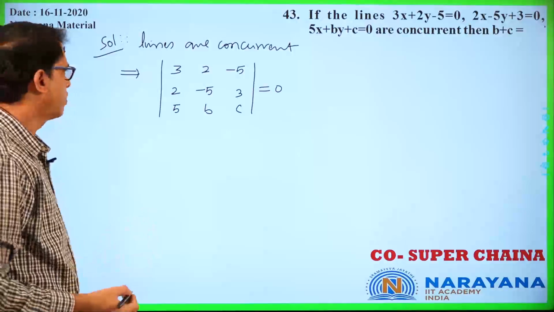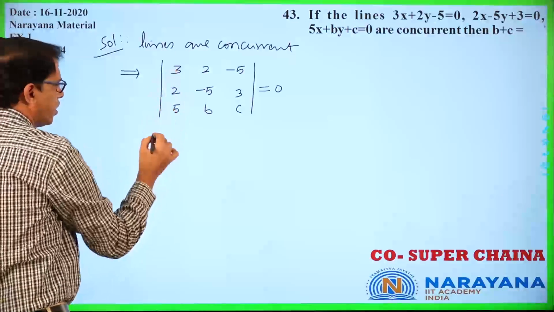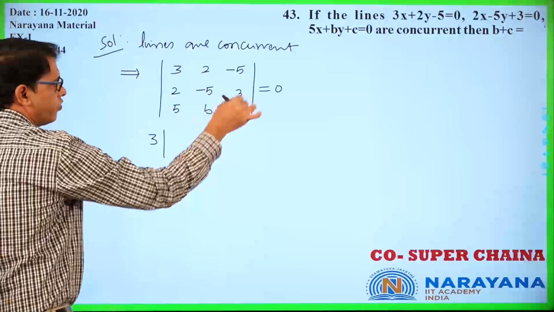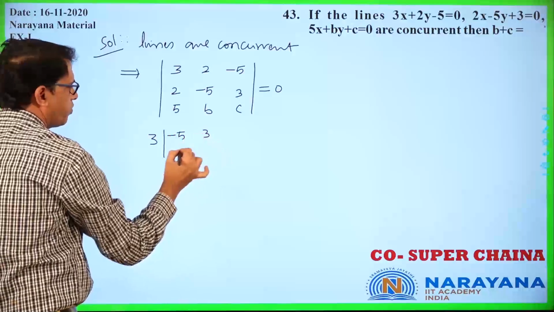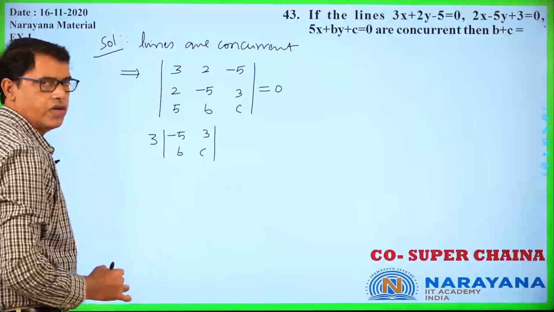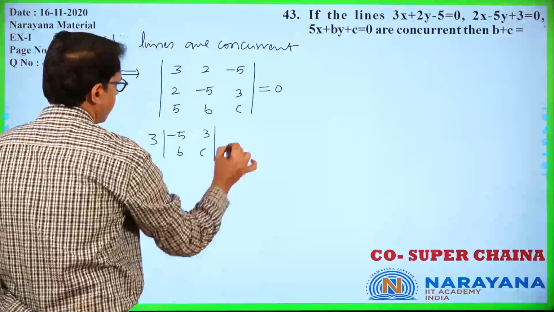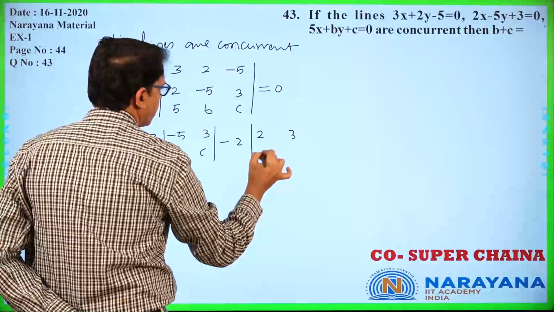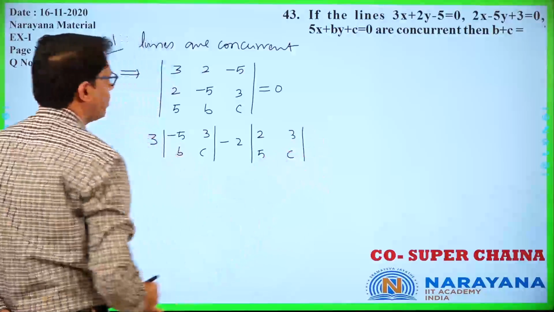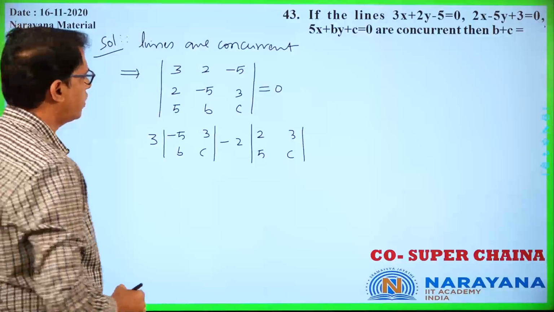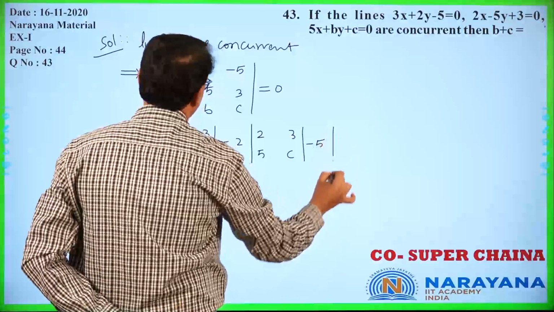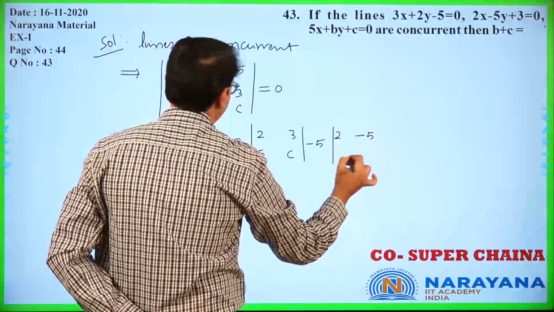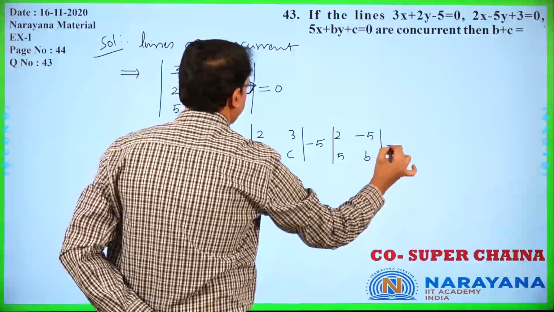Now expansion. First 3 into the determinant of this 2 by 2: minus 5, 3, b, c. Then the second one has a minus sign, so minus 2 into the determinant of 2, 3, 5, c. Then the third one, minus 5 into the determinant of 2, minus 5, 5, b, equals 0.